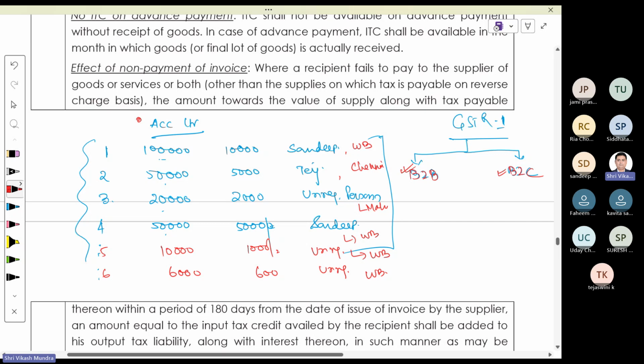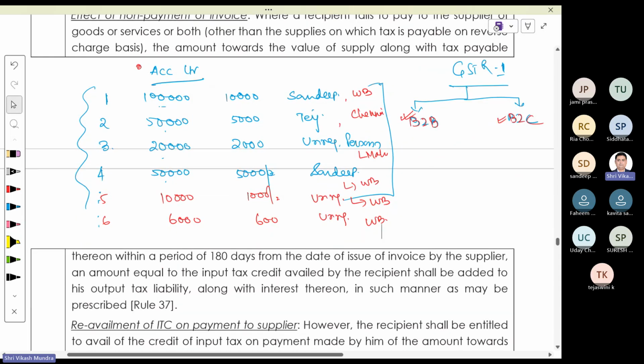Now, how to file GSTR1, what data we are supposed to capture in GSTR1. ACC Limited will fill in these details in GSTR1. GSTR1 is basically divided into two parts: B2B transactions and B2C transactions. ACC Limited will report each and every B2B transaction line by line.